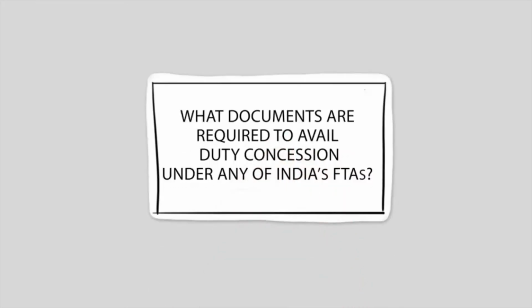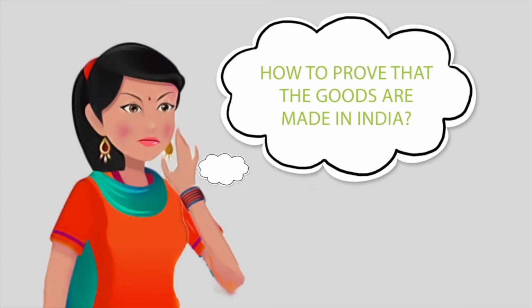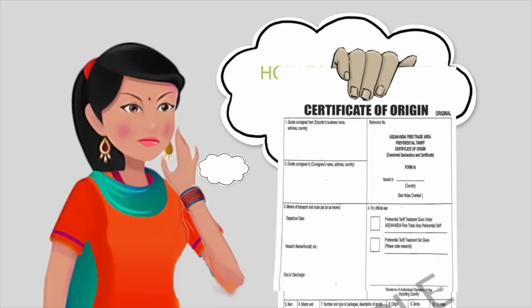What documents are required to avail duty concessions under these India trade FTAs? To take advantage of the tariff benefit given under the FTA, the Indian exporter like Niku has to prove that her goods are made in India as per the rules of origin under the FTA agreement. This is proven by a document called the Preferential Certificate of Origin.